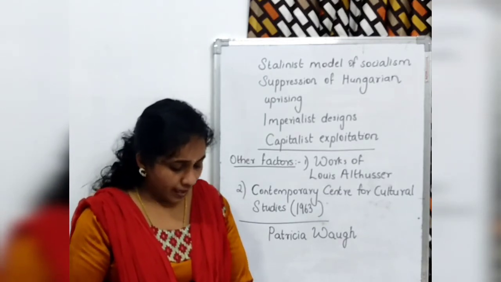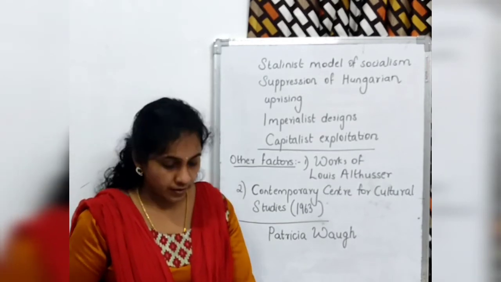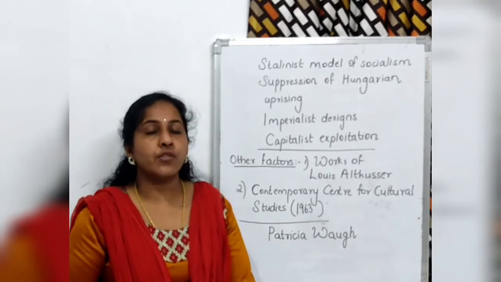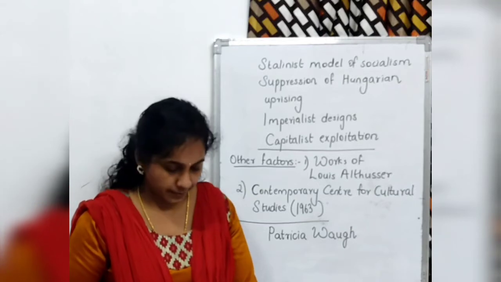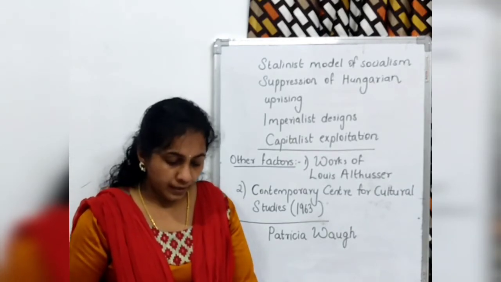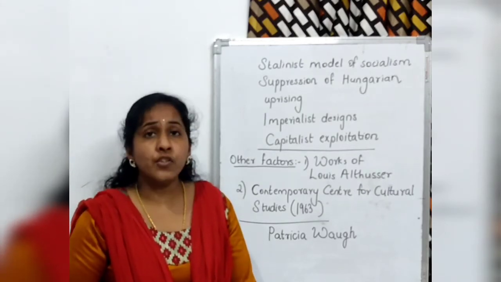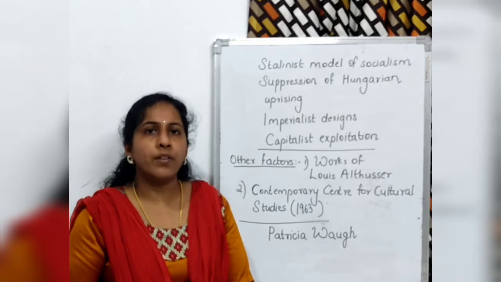They were on one hand disillusioned with the Stalinist model of socialism and also the suppression of the Hungarian uprising, and they were enraged with imperialist designs and capitalist exploitation. Disillusioned means disappointed.